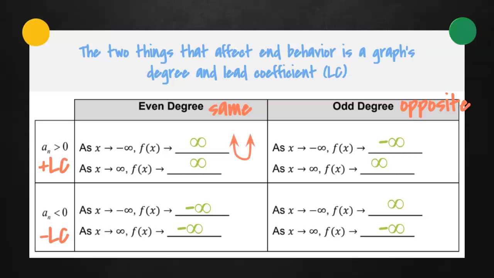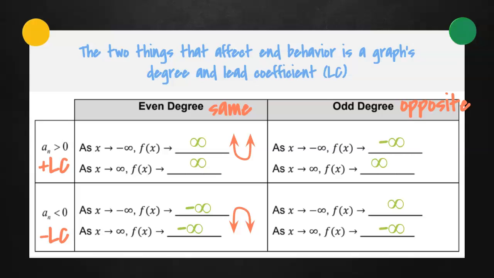So it looks similar to a parabola. So use that as a basis because we're pretty familiar with parabolas. Now, if I had a negative lead coefficient, the parabola is opening down, and both ends of your function, f of x, are approaching negative infinity.